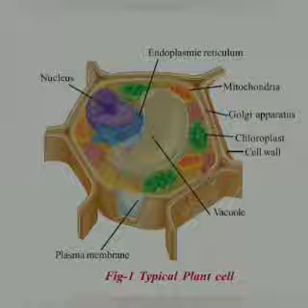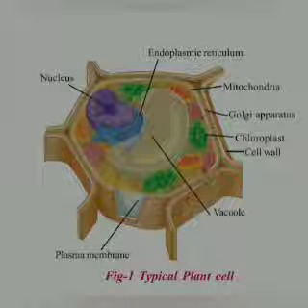Chloroplast is present only in the green parts of the plant, but it is not present in other parts. That means it is not present in roots or stems. It is present mainly in leaves.